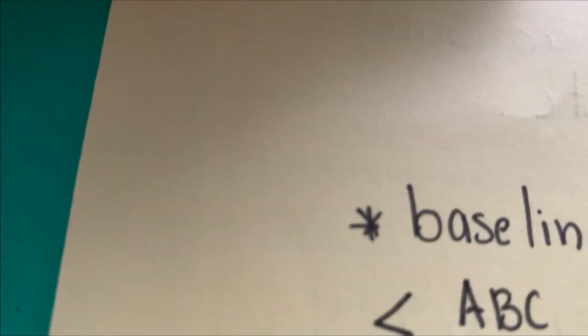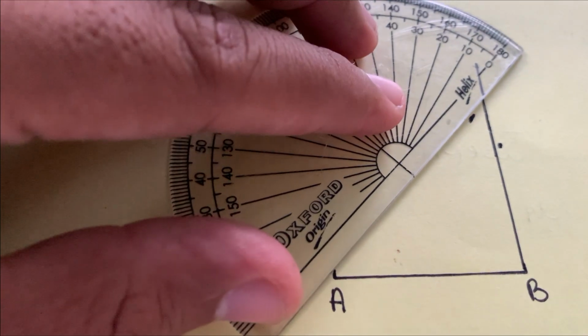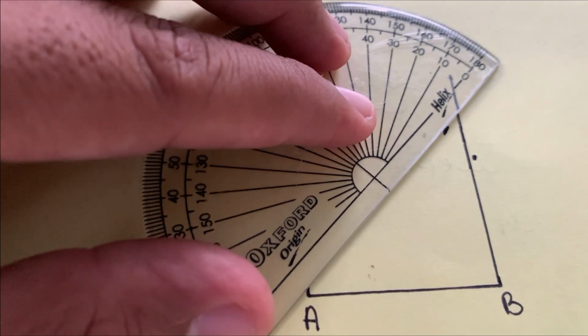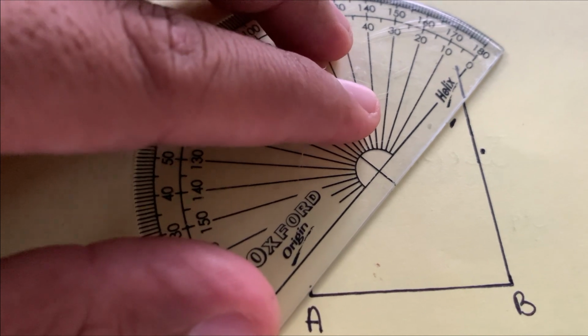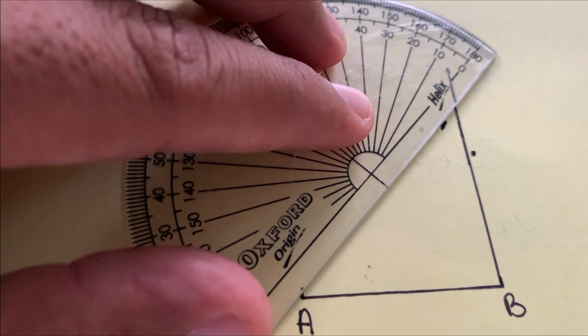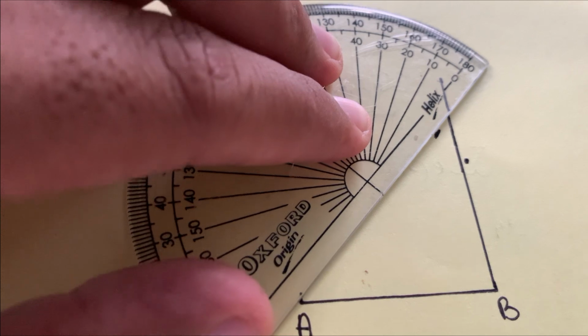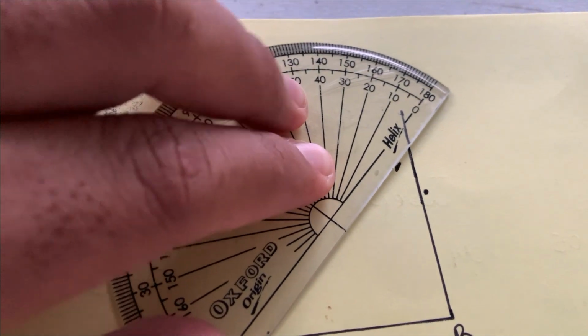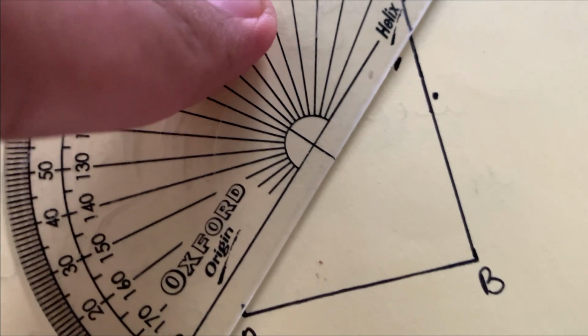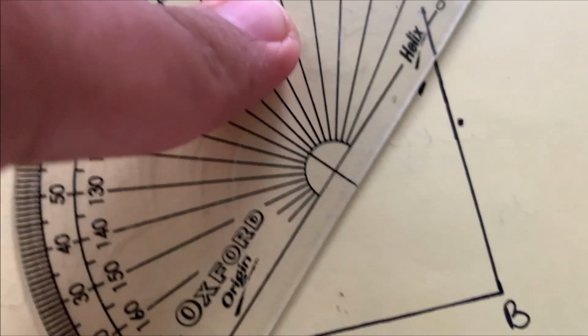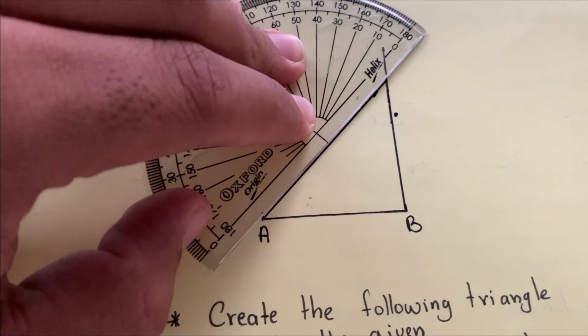You will make a connection from point A to where the point that you just drew for 45 degrees will meet the right angle that you just created. Then you draw your line. All right, I drew the line.